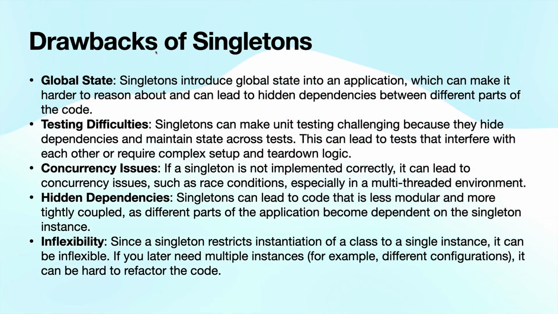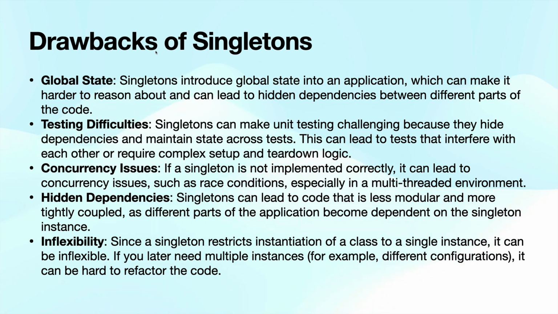Concurrency issues are also another one. If a singleton's not implemented correctly, it can lead to concurrency issues such as race conditions, especially in multi-threaded environments. So that one's a little more complex, guys. But essentially, singletons can cause concurrency issues. Another one is hidden dependencies. They can lead to code that is less modular and more tightly coupled, as different parts of the application become dependent on the singleton instance.